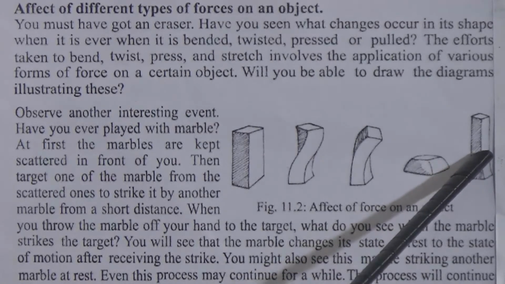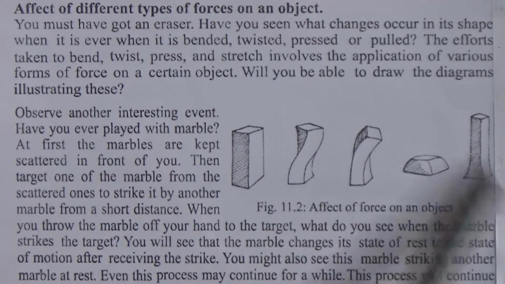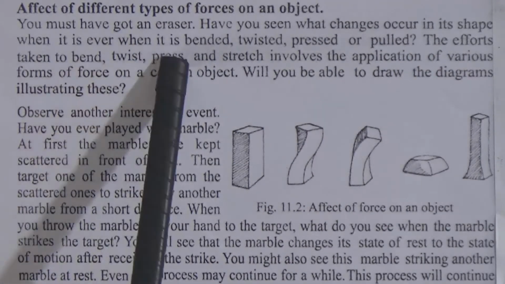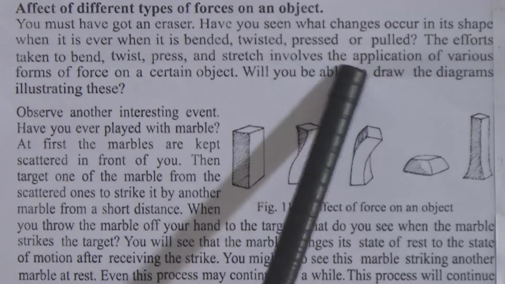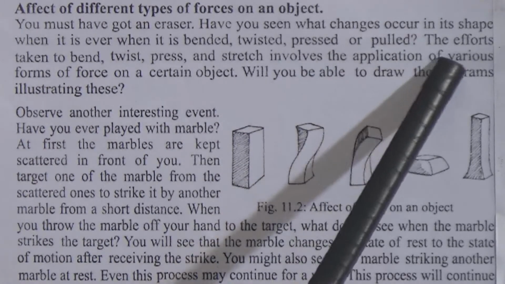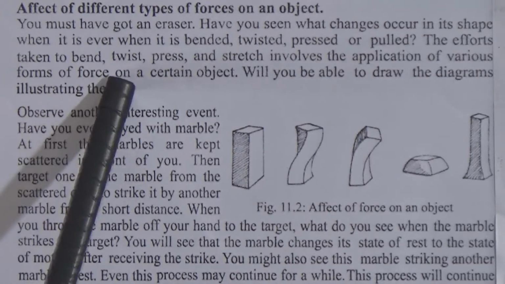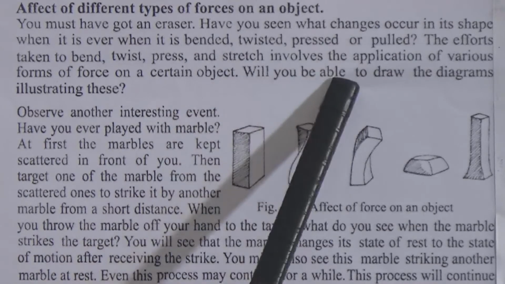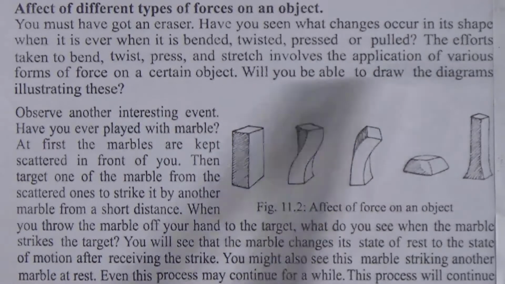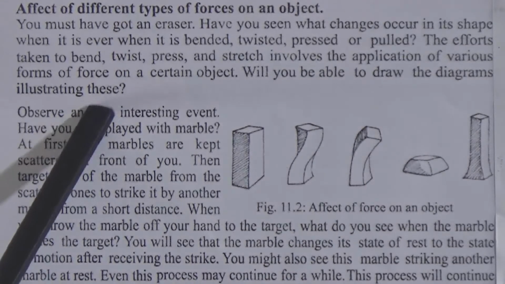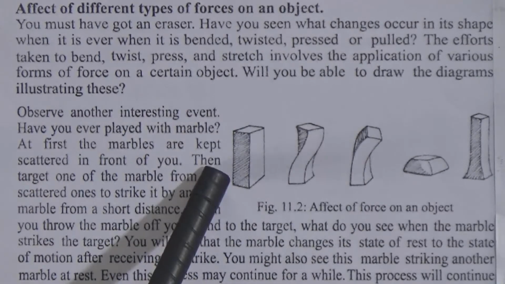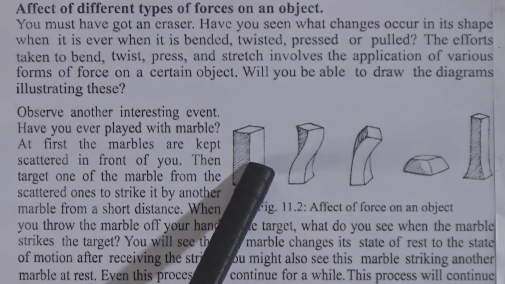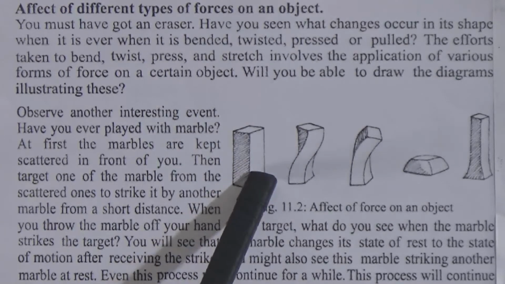You have to take a soft eraser for doing this. The efforts taken to bend, twist, press and stretch involve the application of various forms of force on a certain object. Will you be able to draw the diagrams illustrating this? You have to draw by yourself. That time you can understand, and this experiment you can do with a soft eraser at home.